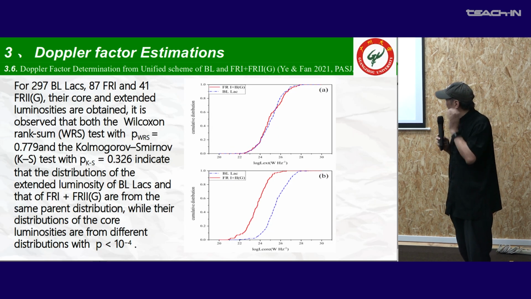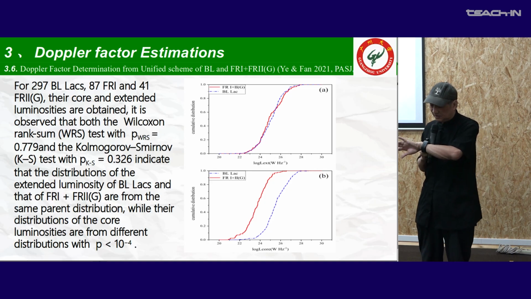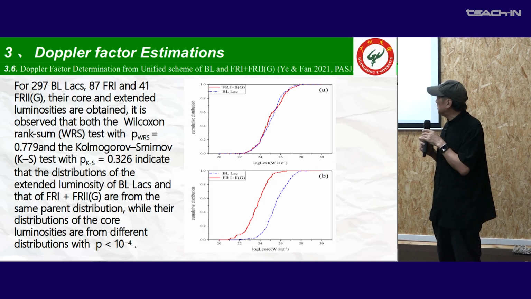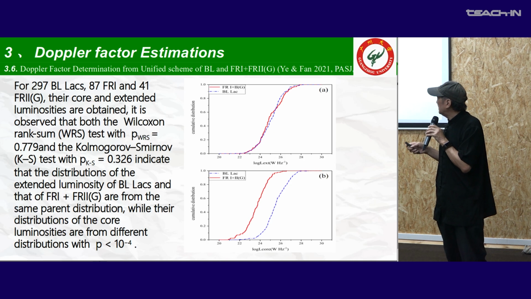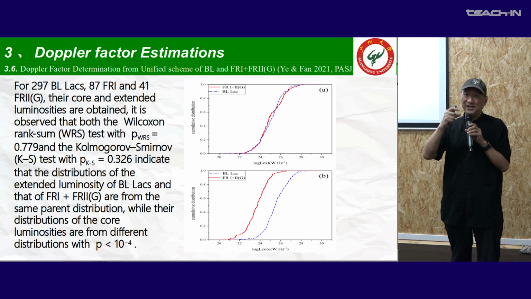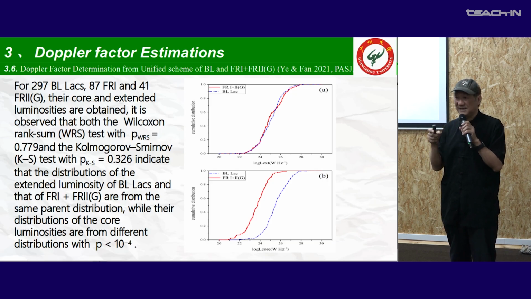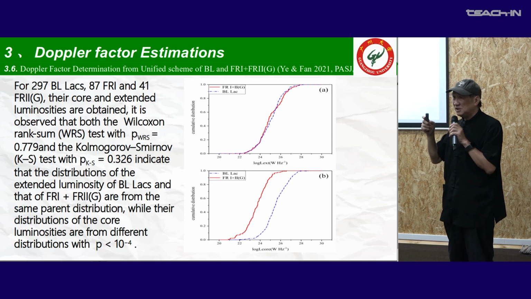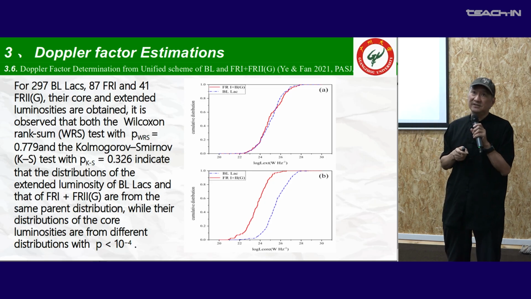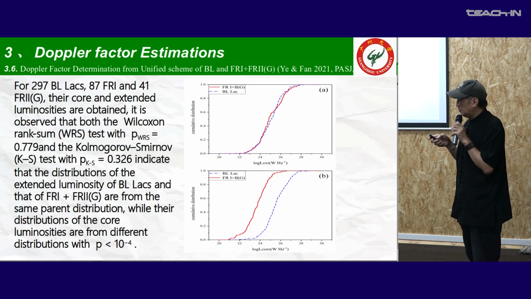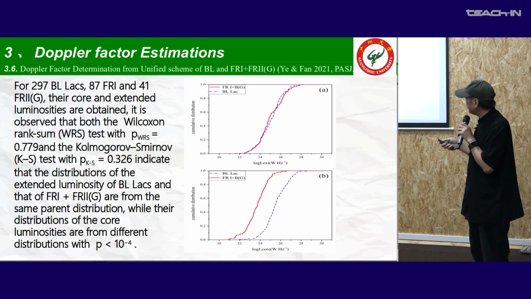Another method for Doppler factor estimation is to use the unification model, because BL Lac objects are unified with FR1 and FR2 galaxies. Then we can use this to estimate the radio Doppler factor for BL Lac objects.